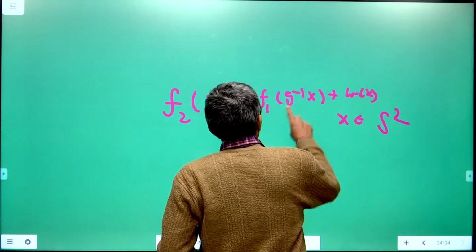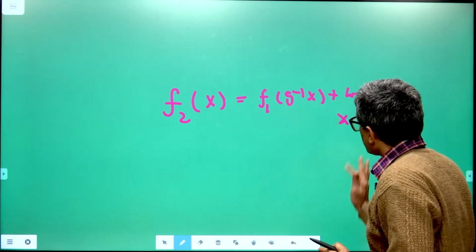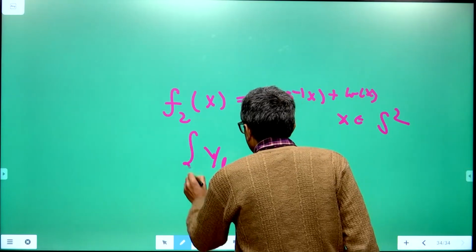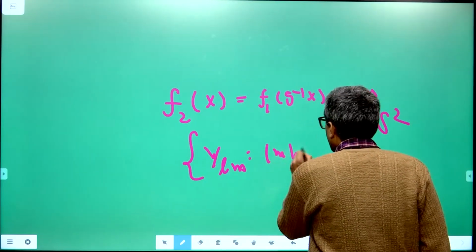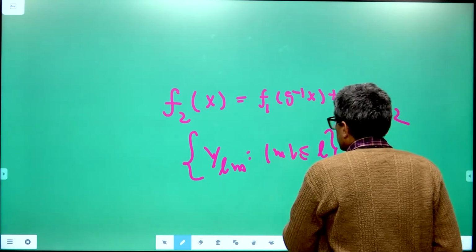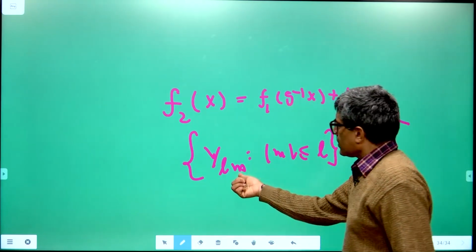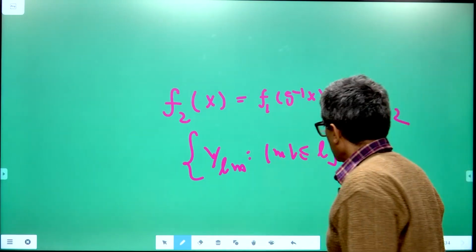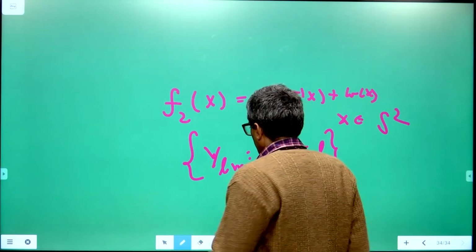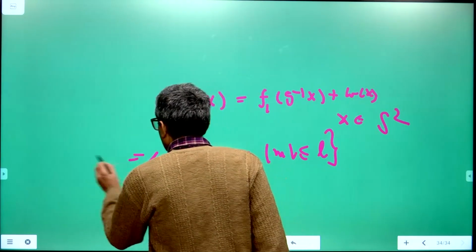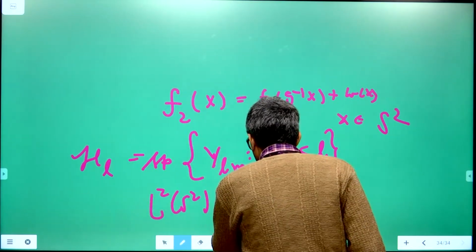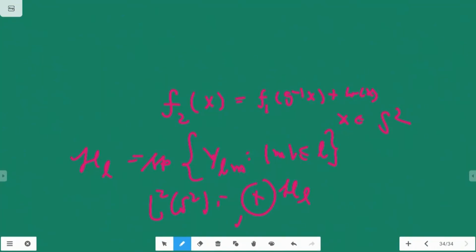So instead of taking the group theoretic transform, you can approach the problem in the same way by noting the fact that the spherical harmonics for mod m less than or equal to L define a 2L plus 1 dimensional subspace which is invariant under the rotation group. So if I call the span of this VL or HL, then L2 of S2 can be written as the direct sum of HL, L greater than or equal to 0.